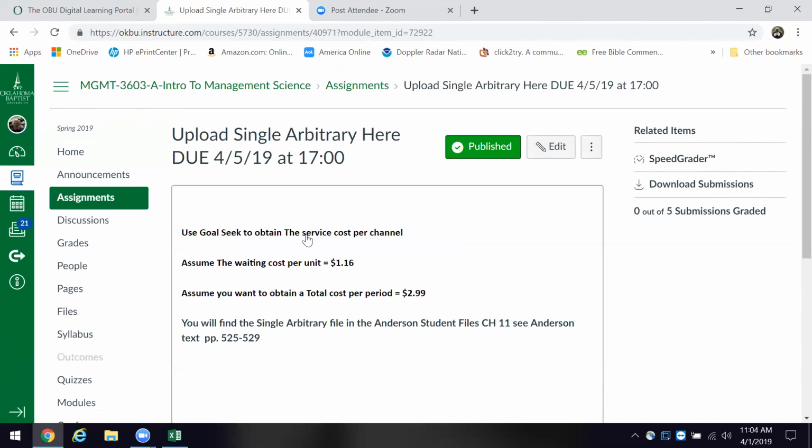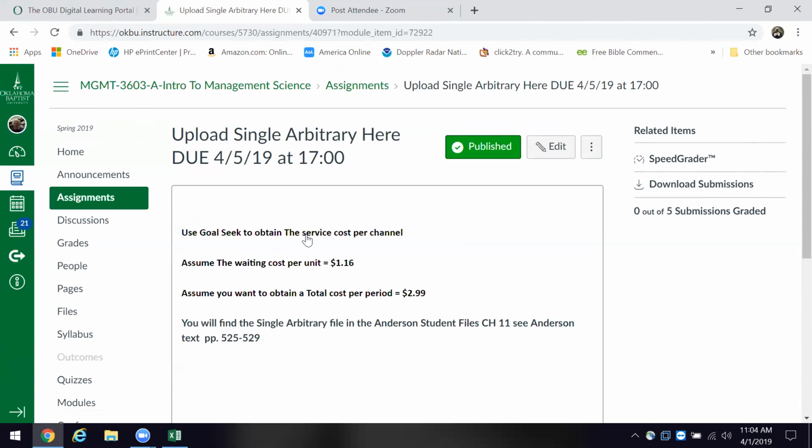The file in there, Single Arbitrary, means we have a single channel of incoming people that we handle in a queue. A queue is really nothing more than a line, and it's about how long people have to wait, etc. You'll see that as we walk through the chapter.